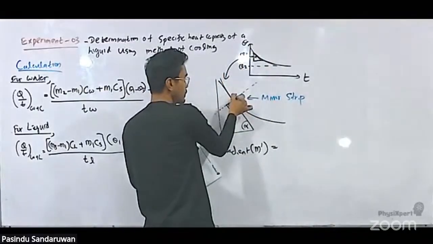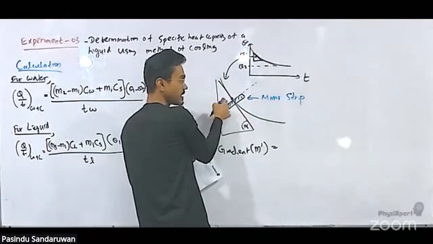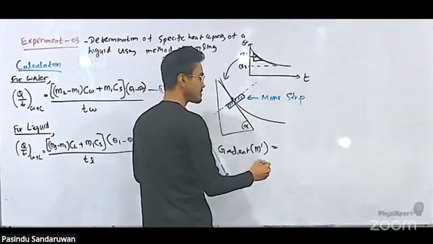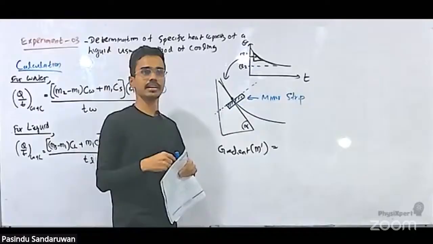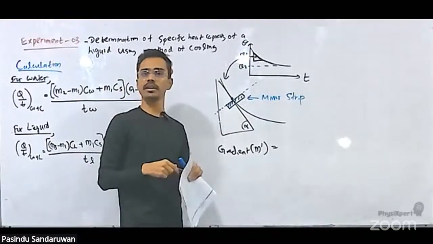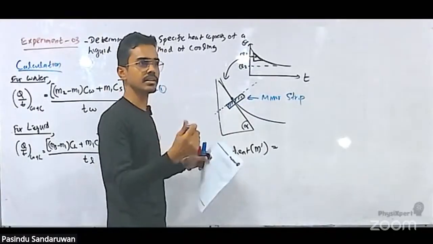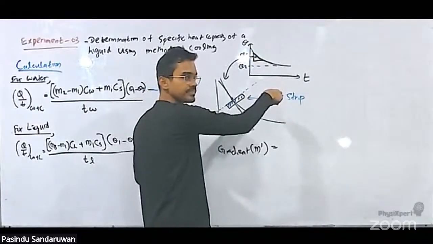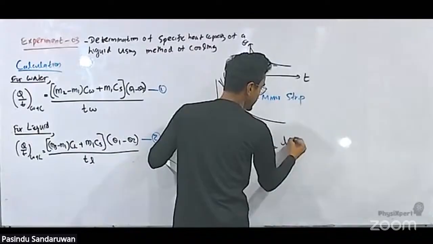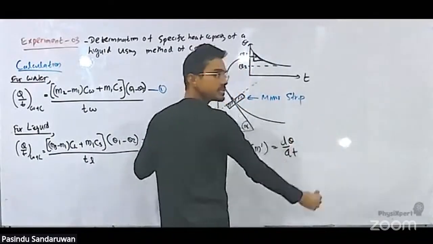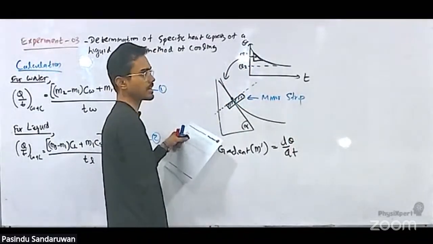We are going to take the gradient at a point. For very small values, we use differentiation. So instead of delta theta over delta t, we will write d theta over dt.